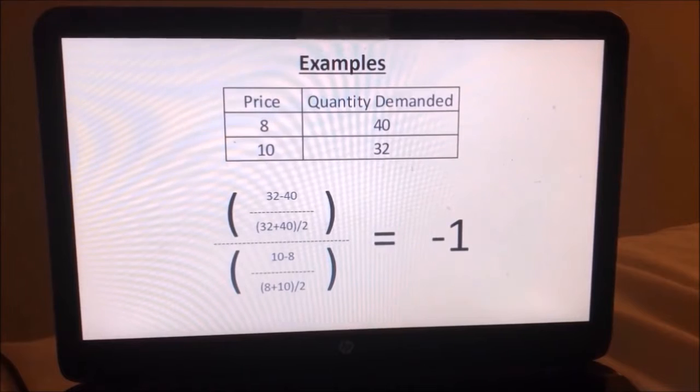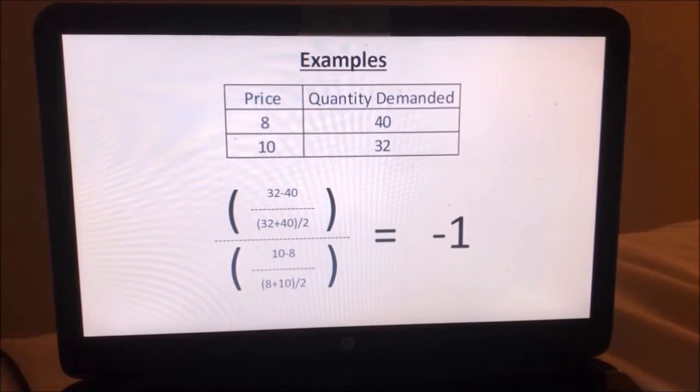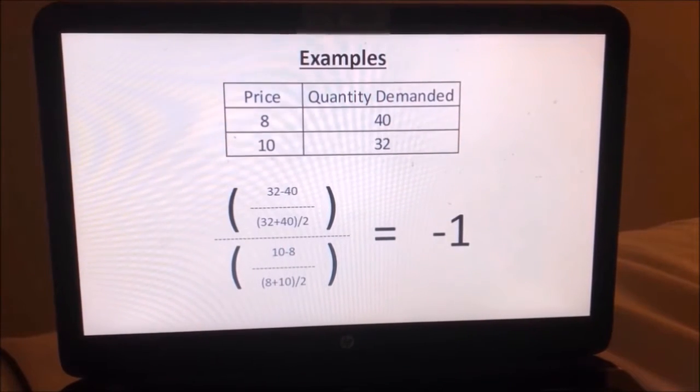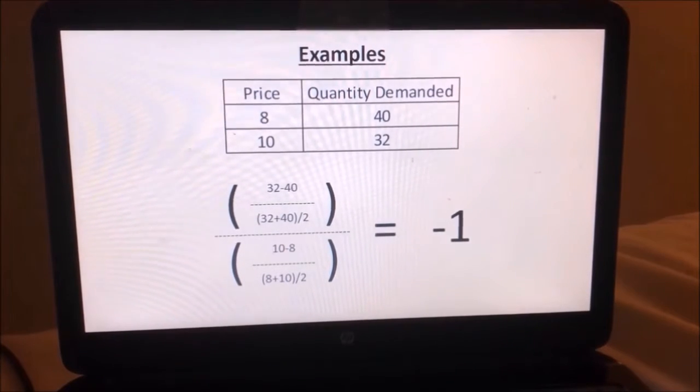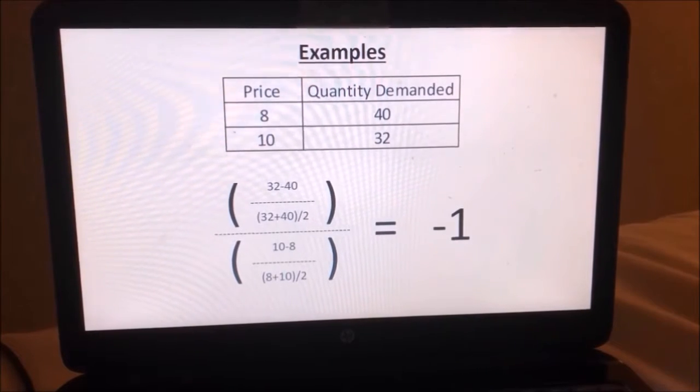So here's an example. If the price of CDs is $8, but the price increases to $10, the quantity demanded at $8 will be 40. That demand will decrease to 32.